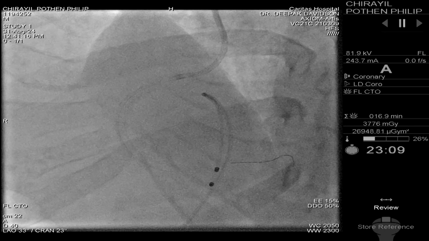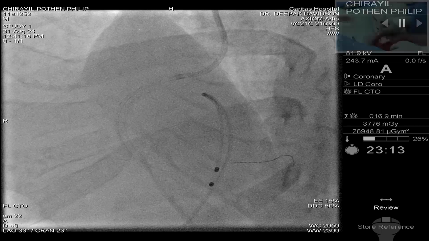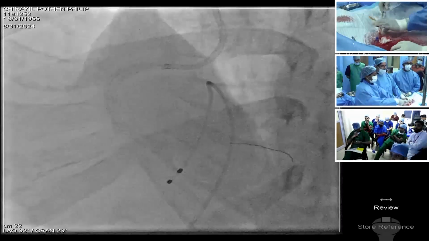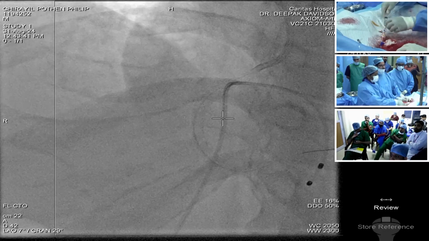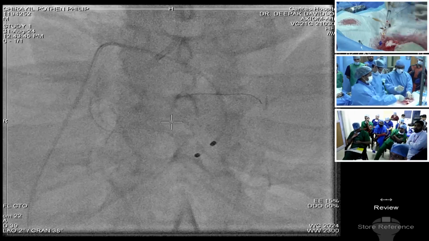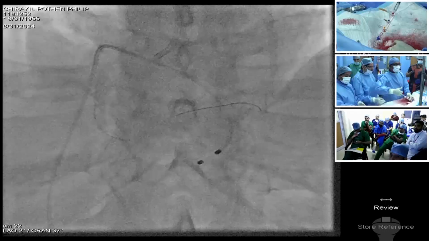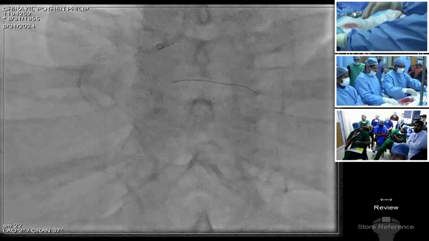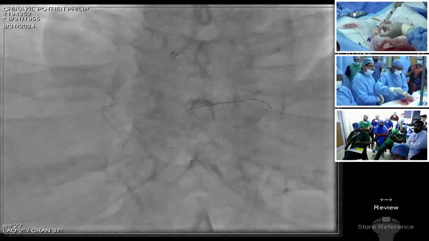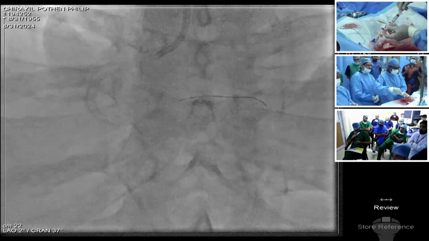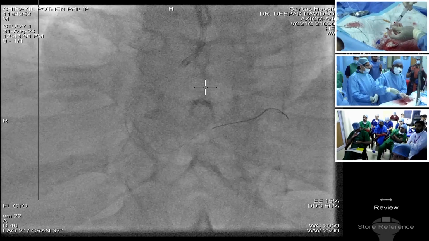Yes. Okay. Come epicranial. Ready? So I'll finish it up with the shield. Be ready with the echo machine just to make sure that there is no pericardial effusion. Okay. Arya, we are ready. Contrast.